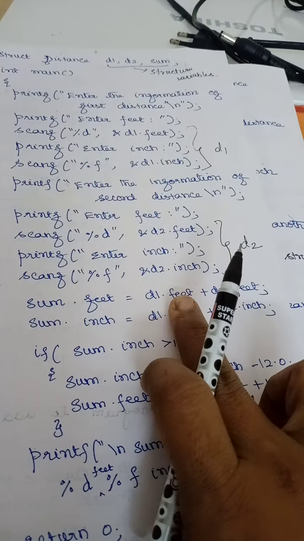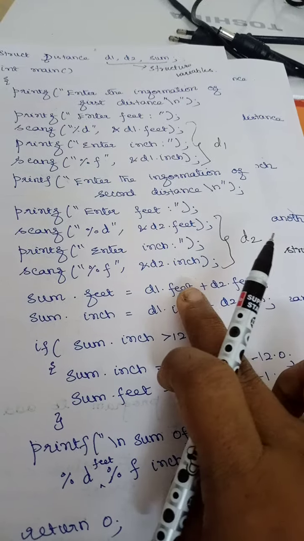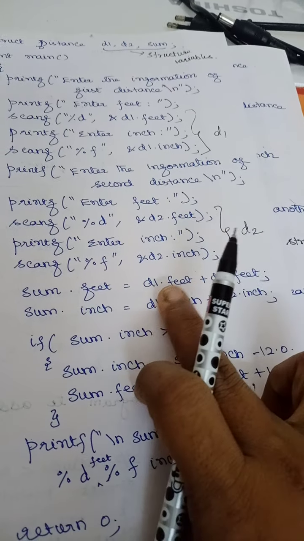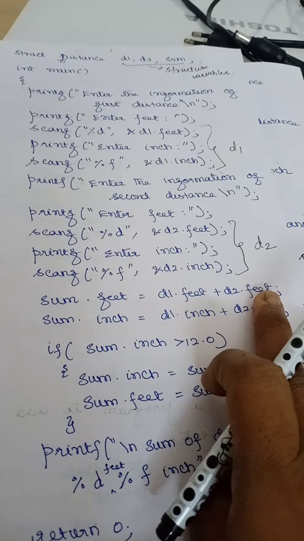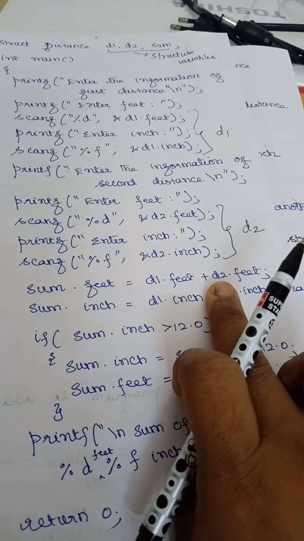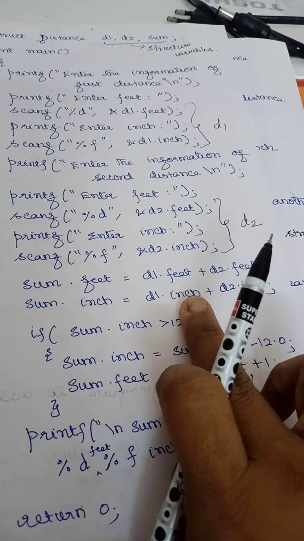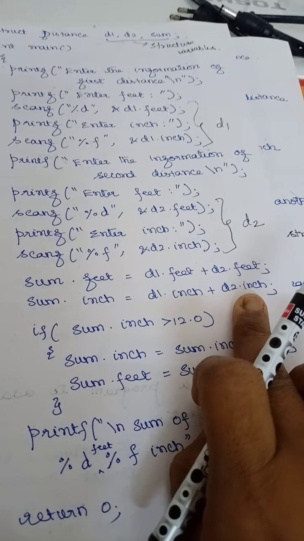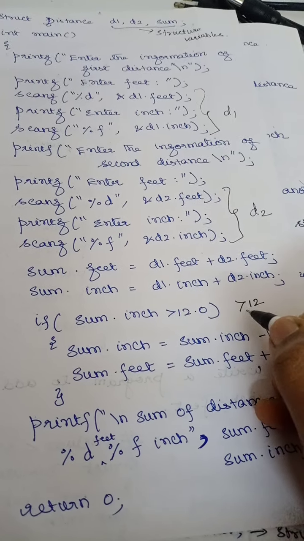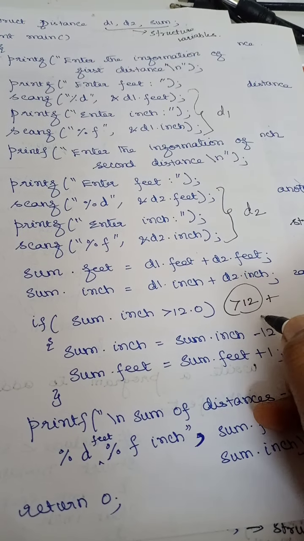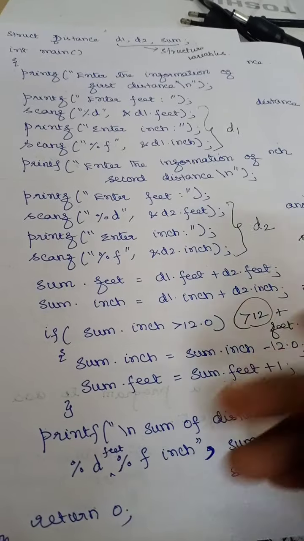Then I am adding what? Feet and feet together. Which two feet am I adding? The feet that is represented by d1 and the feet that is represented by d2. Similarly, d1 dot inch plus d2 dot inch, right? If inch is greater than 12, then you need to add 1 to your feet, right?